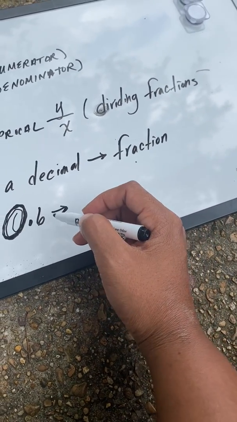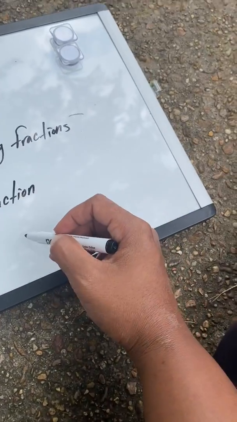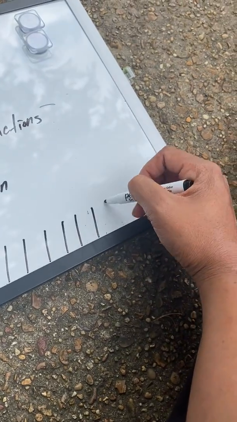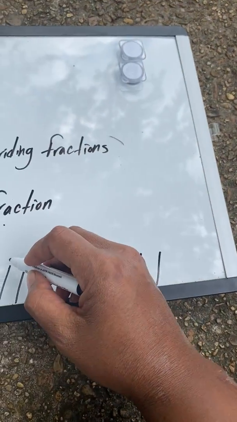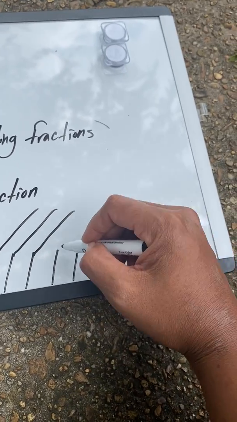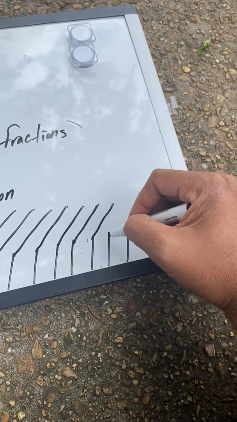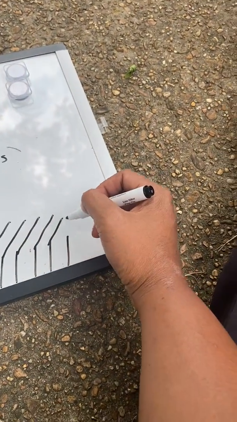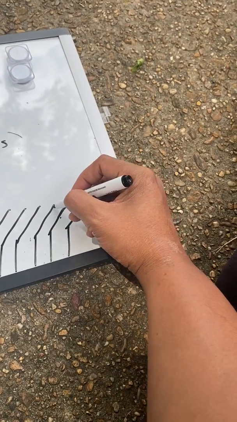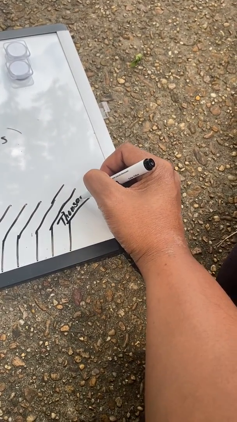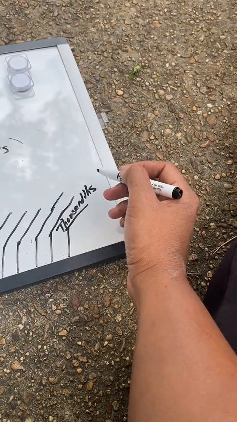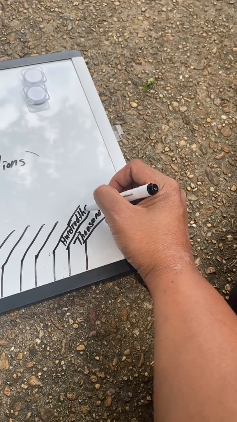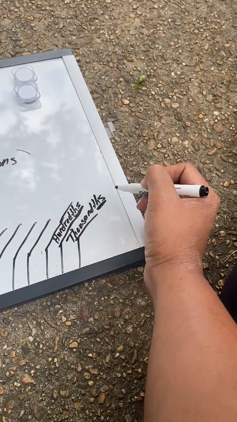Remember I gave you guys this in class, do you remember this? Hopefully you will remember. Thousandths, hundredths, and look how it's spelled, T-H-S.